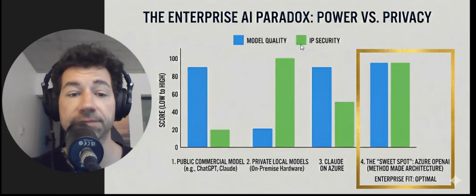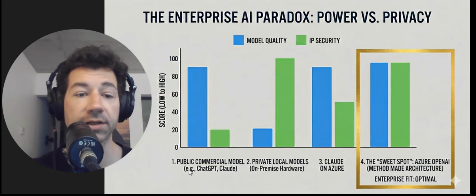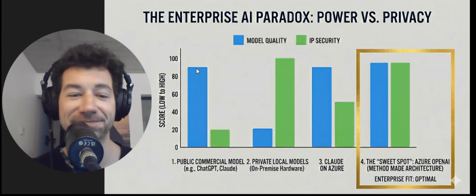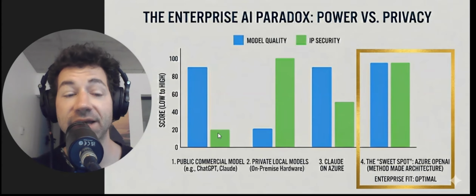And this sucks for you. So this option, number one, gives you the highest model quality because this data has been effectively stolen so that you can get the best tortillas in Cabo. The IP security with this option is unacceptable for enterprise applications.